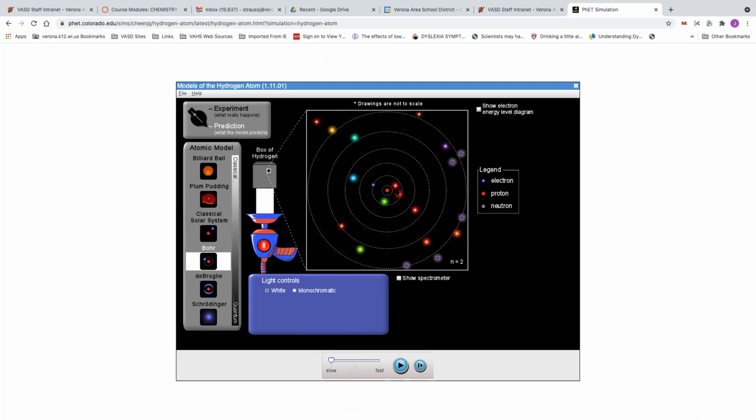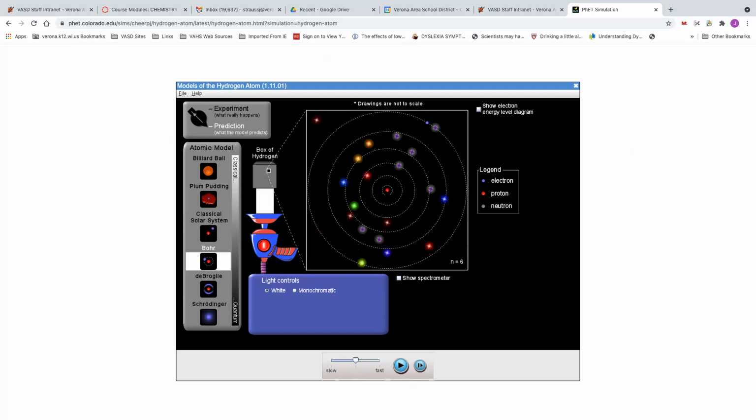Now what happens when the electron falls back down, Ian? Should give off light. Let's see, does it? There it is. It just gave off that photon of light. Okay, there it jumped all the way up to the sixth.